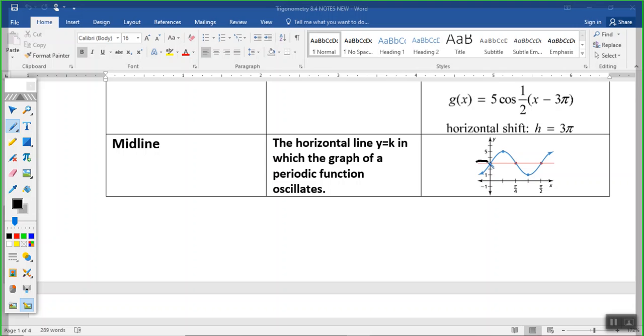The best way to think about it is that it cuts your peaks and valleys in half. Your peak height is the same as your valley depth. Does that make sense? So where does this midline occur on the y-axis here? This midline would happen at y equals 3. Okay?